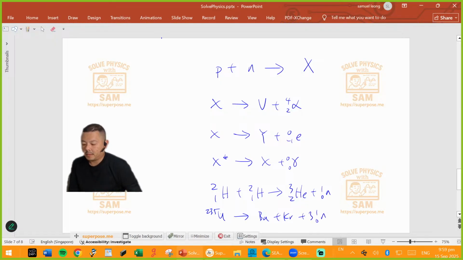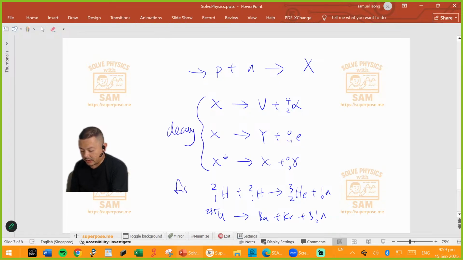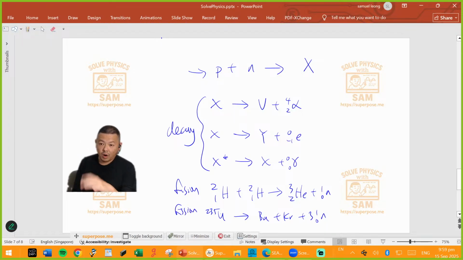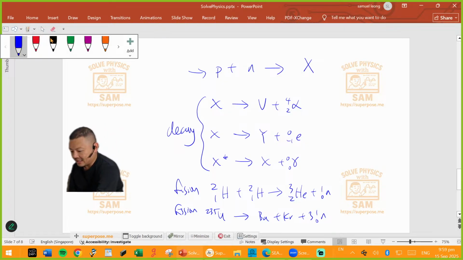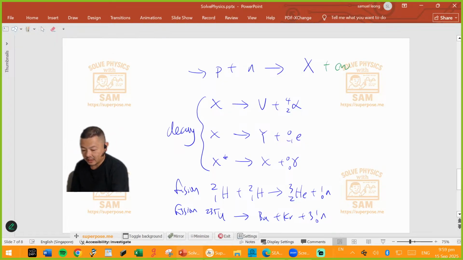So forming from constituent nucleons, the whole of decay, and then your fusion and your fission. Essentially in all of these processes that I'm showing you, there's energy being released.